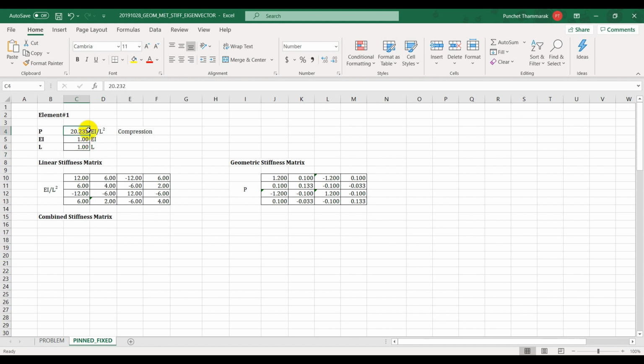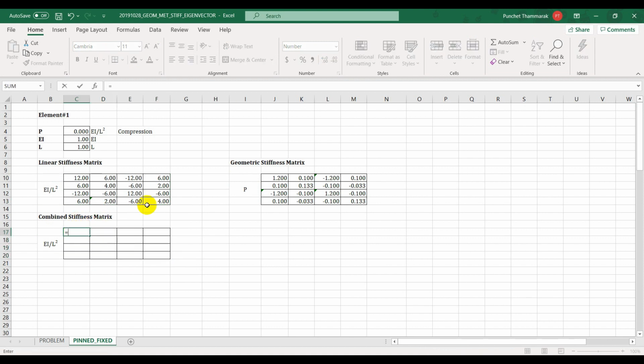And likewise for P. If the P effect is so small, then this part has not been multiplied by P yet, so it will appear later on in here as a combined stiffness matrix. Okay, so I delete this first.